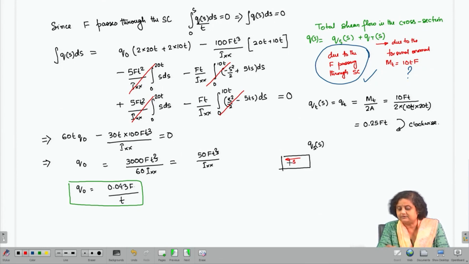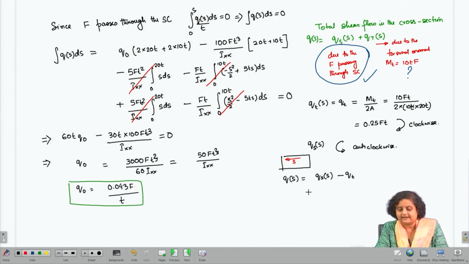This was our S direction. So, this produced an anti-clockwise direction of shear flow. So, the total shear flow Qs is going to be QSS as we have derived, minus Qt.